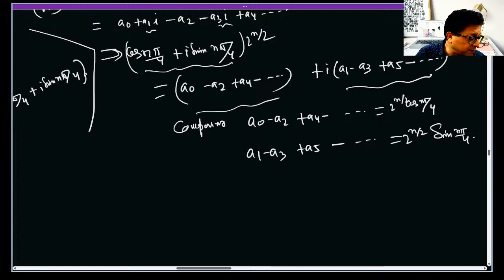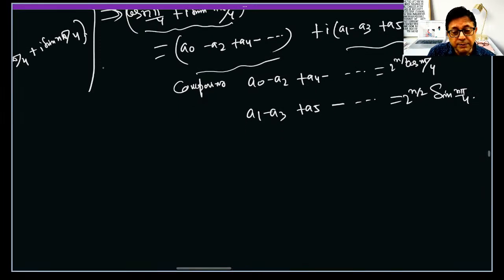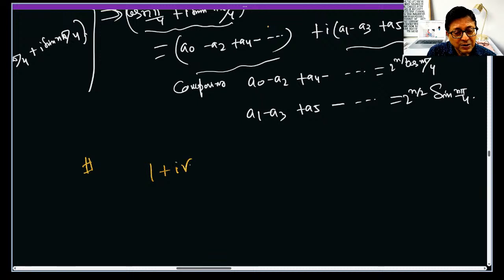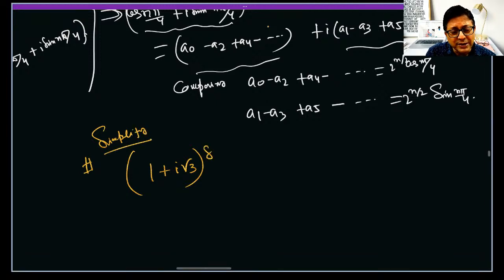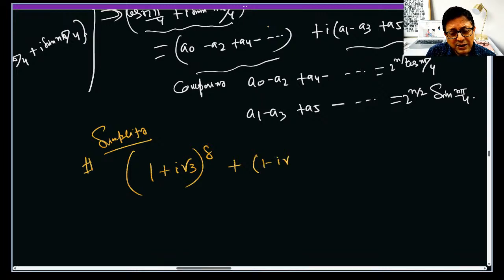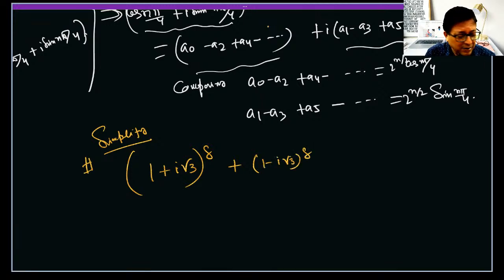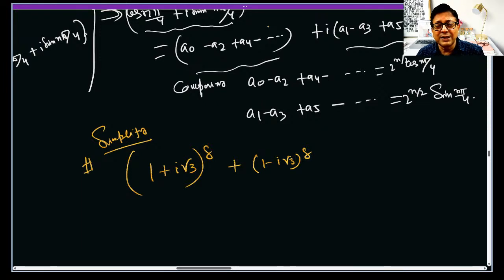Let us see this kind of thing also. Simplify one more type. Just simplify 1 plus I root 3 to the power 8. This thing to the power 8. Okay?